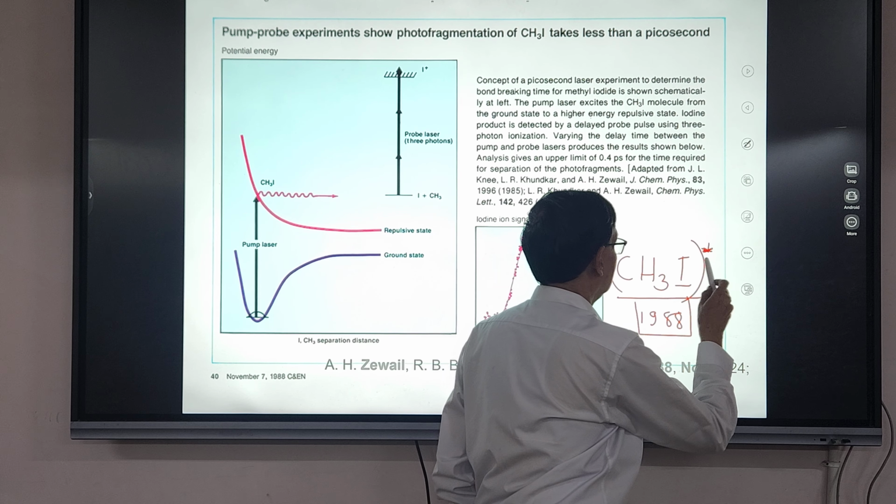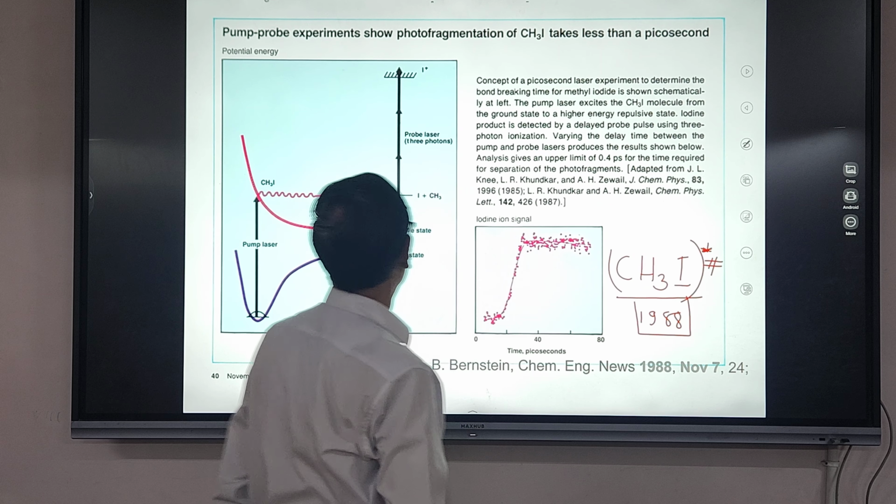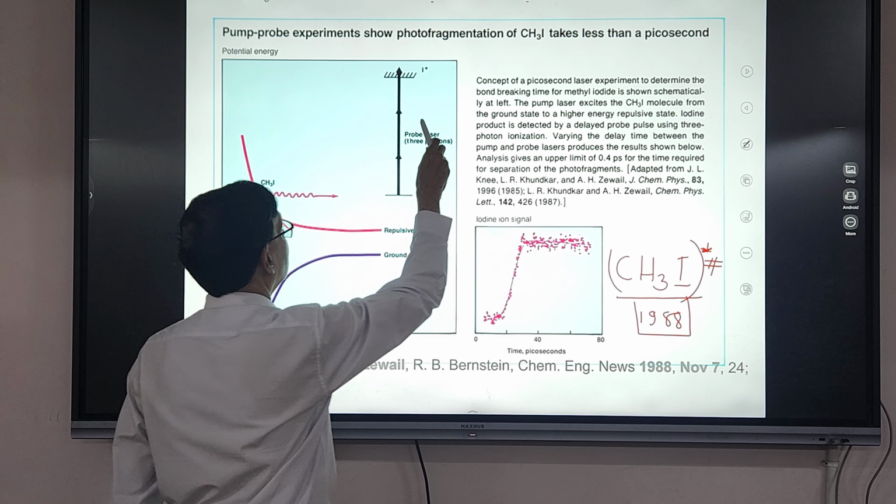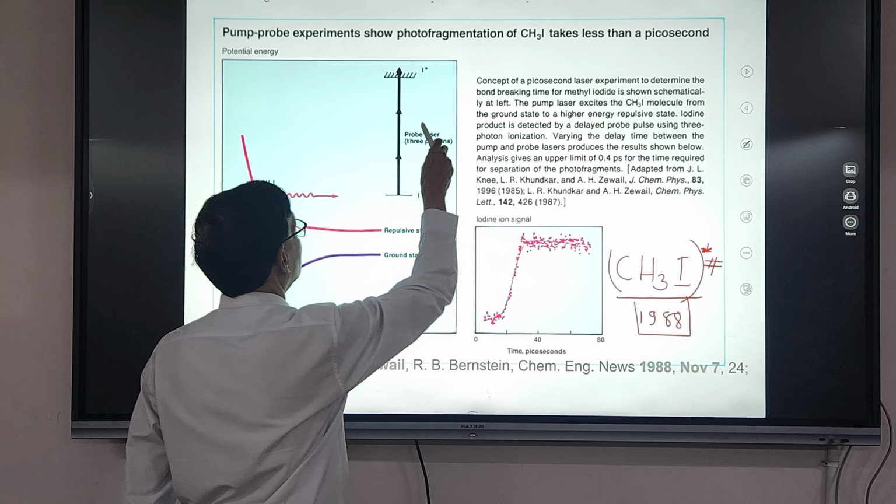Then we use the probe laser, so there is excitation again, and that is called photo fragmentation in the picosecond, that time 10 to the power minus 12.